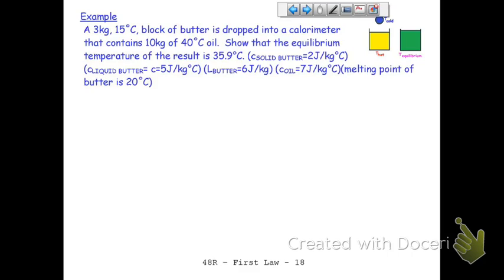This next bit, what language am I using here? In the homework, it might say Gluck and sip. Sip is liquid, Gluck is solid.